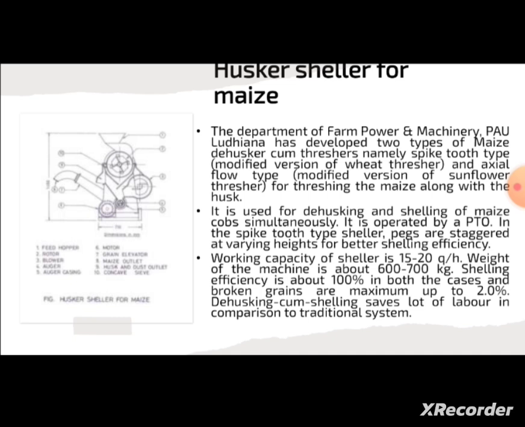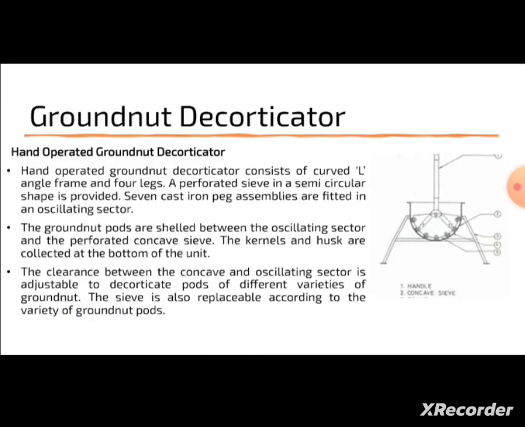In this, two operations take place, threshing operations as well as shelling operations, so it requires a PTO shaft and a spike tooth type sheller. Pegs are staggered at varying heights for better shelling efficiency, and dehusking cum shelling saves a lot of labor in comparison to the traditional system.